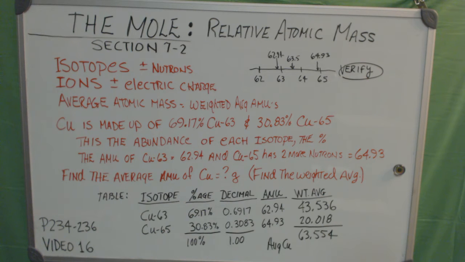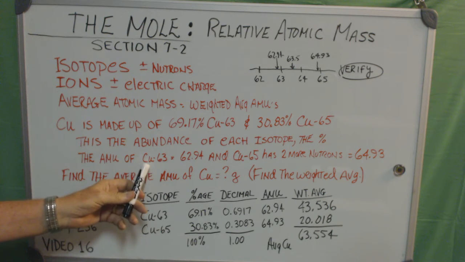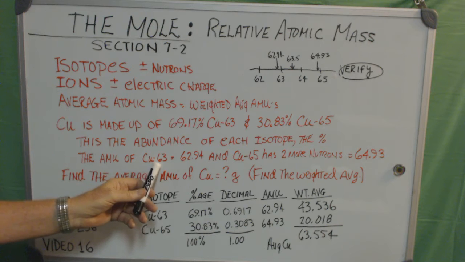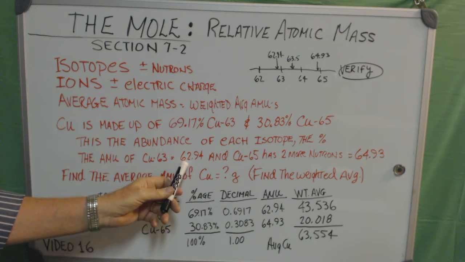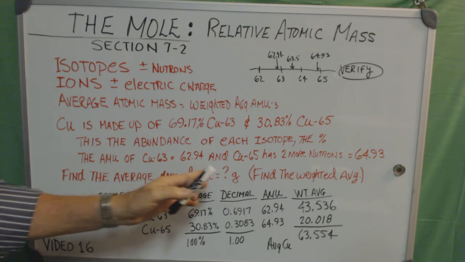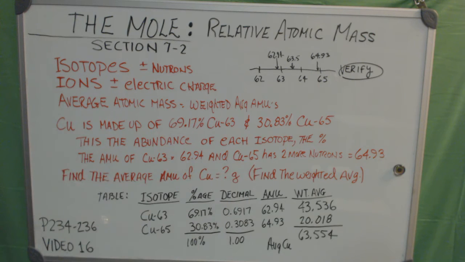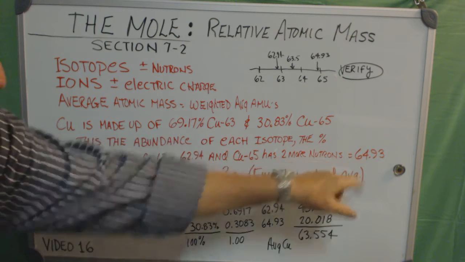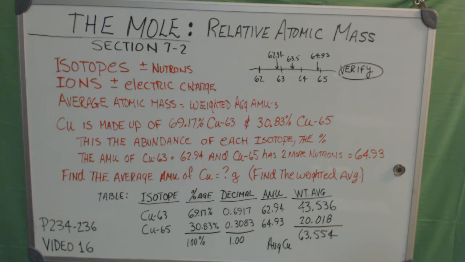So when we looked at the AMU of each isotope, copper-63 had an atomic mass of 62.94, the lighter of the two, and Cu-65 has two more neutrons and weighs 64.93 atomic mass units.